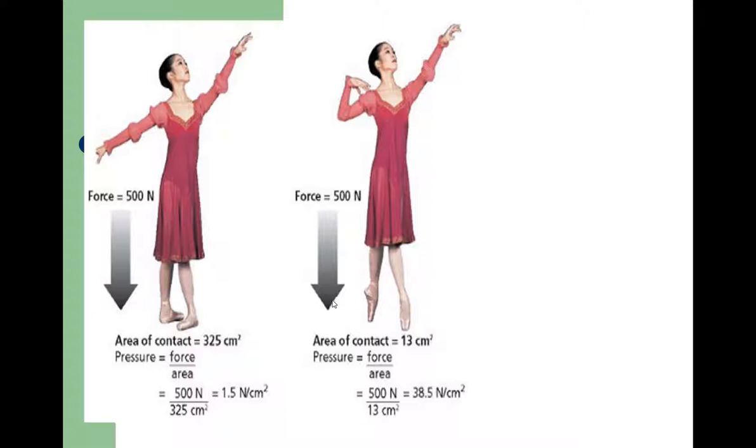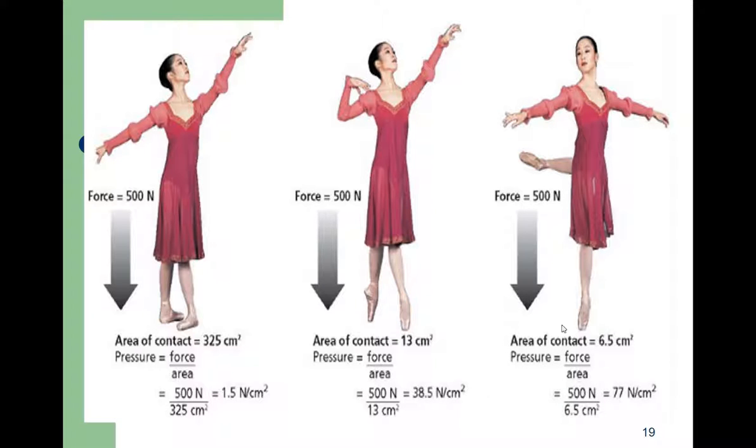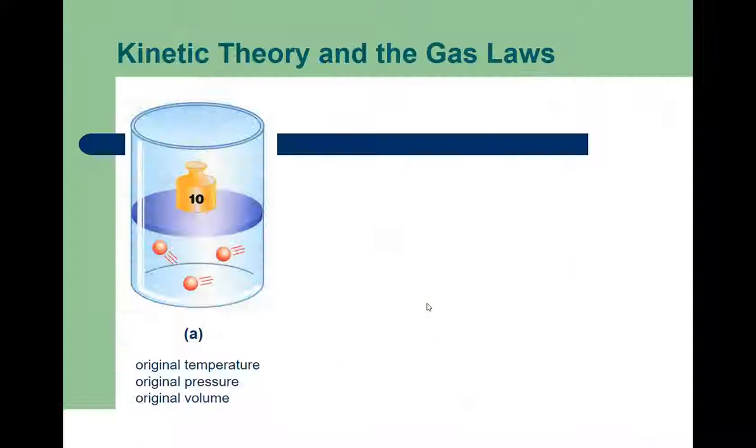The force coming down is still the same, but the pressure has increased. And if you go up onto one leg where it's just one small area, you've increased a lot. That's why a lot of ballerinas have a lot of problems with their toes, because that's a lot of force to put on toes that weren't meant to go that way. Okay, so this is how we're looking at it.